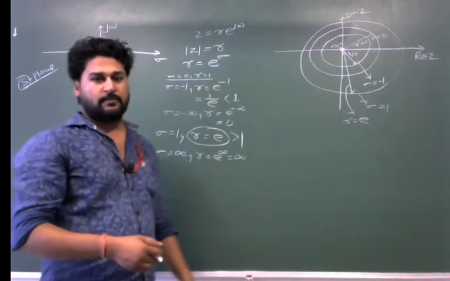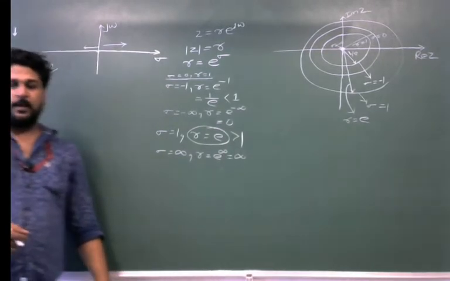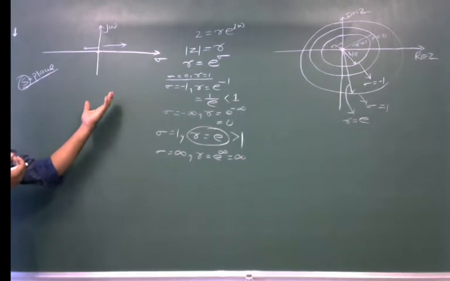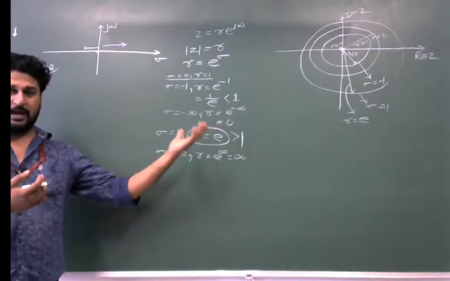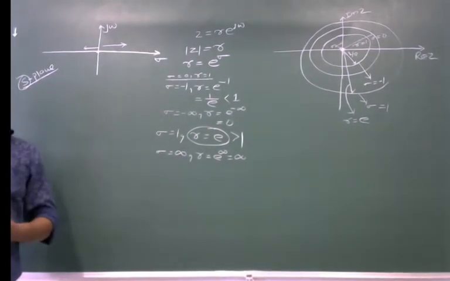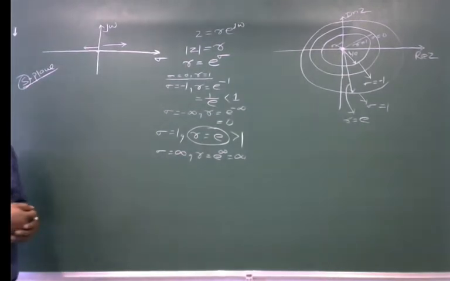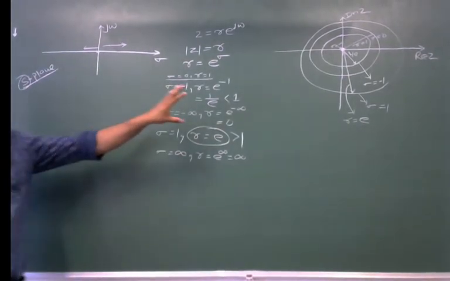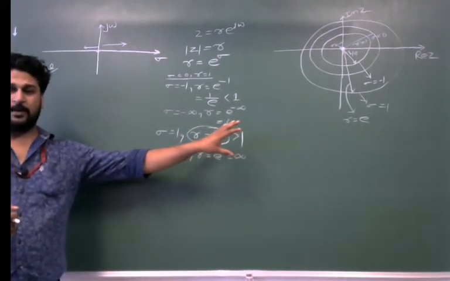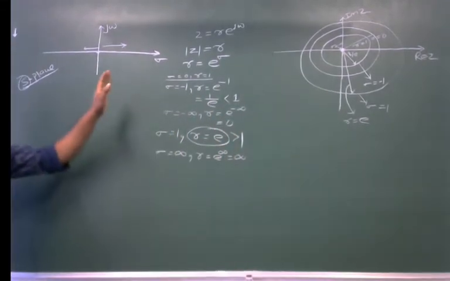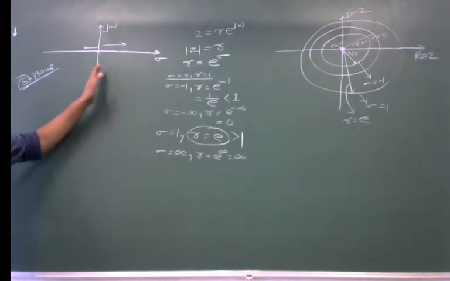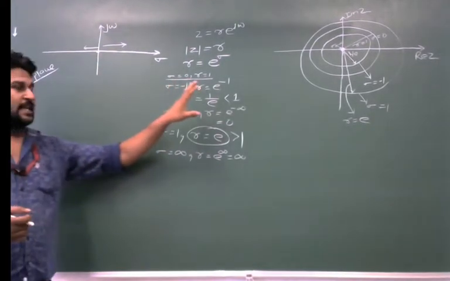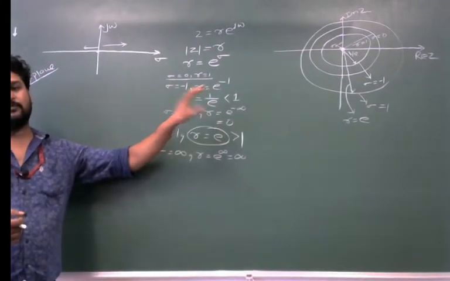So from this discussion, I can map the S plane into the Z plane by the following conclusions. The left half of the S plane is mapped inside a circle of radius 1, and the right side of the S plane is mapped to the region outside a circle having radius 1.